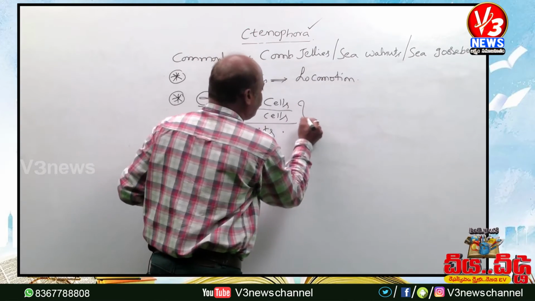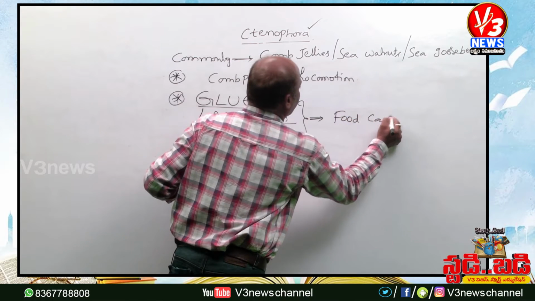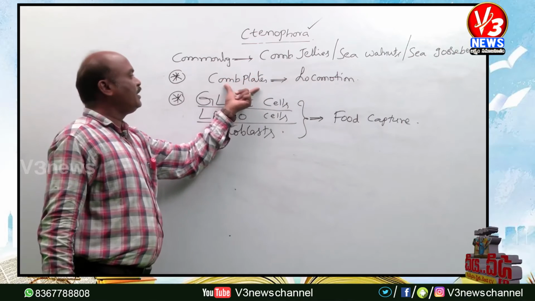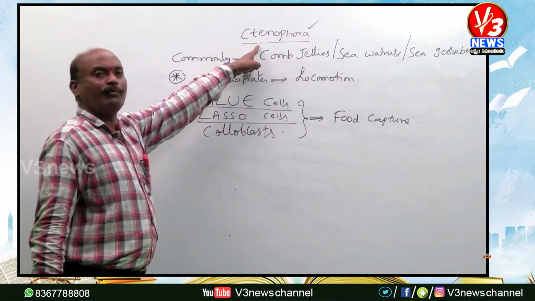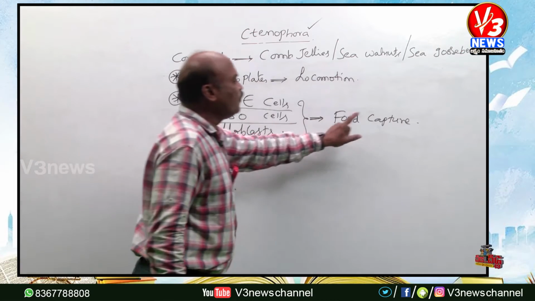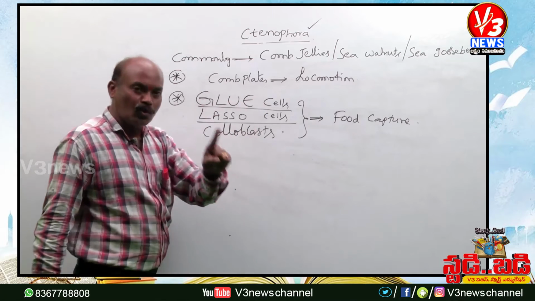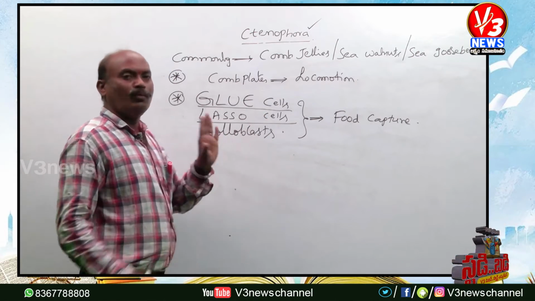Simple thing: they are useful for food capture. For locomotion, eight rows of comb plates. This is a special character of the ctenophores. And for food collection, the specialized cells are glue cells, or lasso cells, or colloblasts.